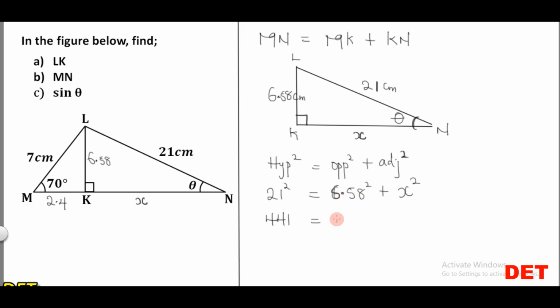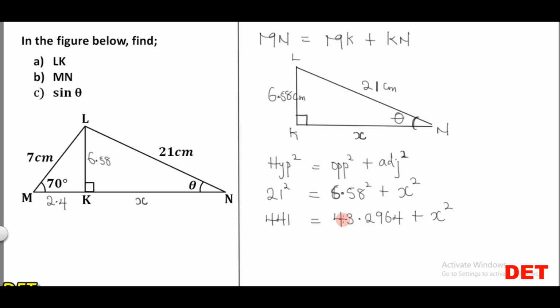If you press that in your calculator, that will give you 43.2964, plus X squared.